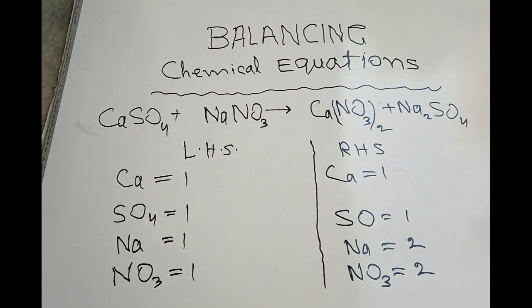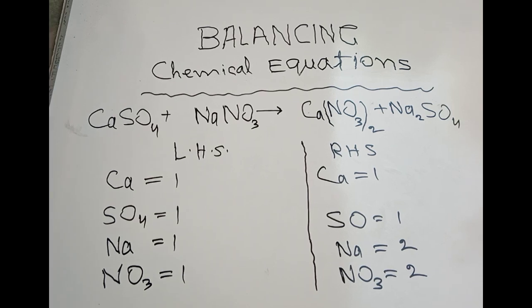So we count the number of atoms on both sides. As we already said, these SO4, NO3, SO4 are considered one thing, as we counted them in this counting.